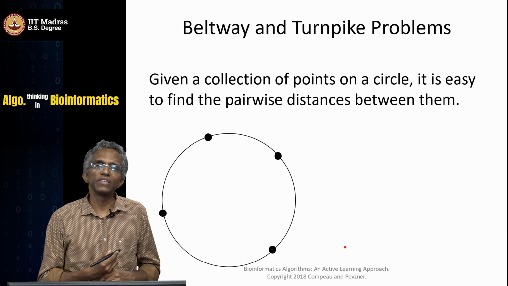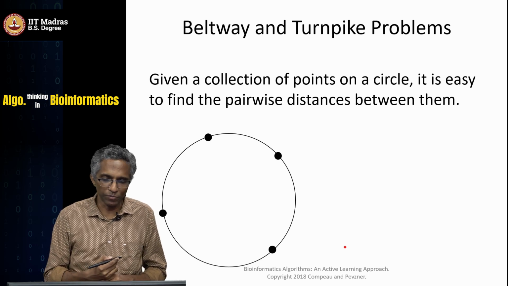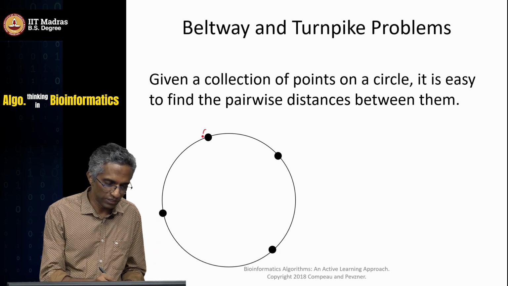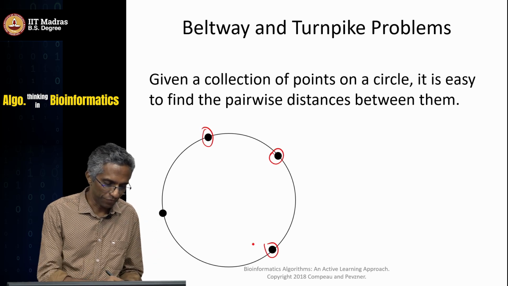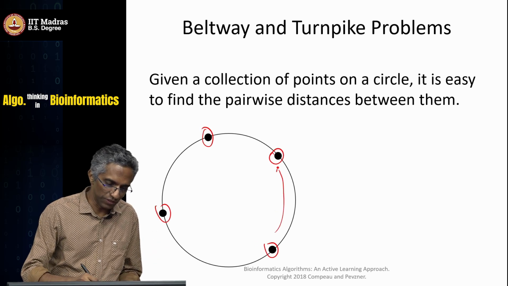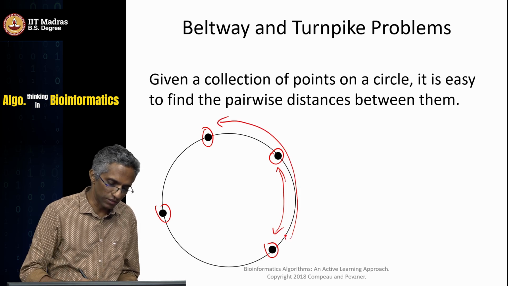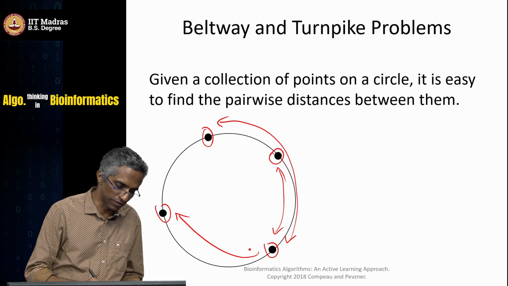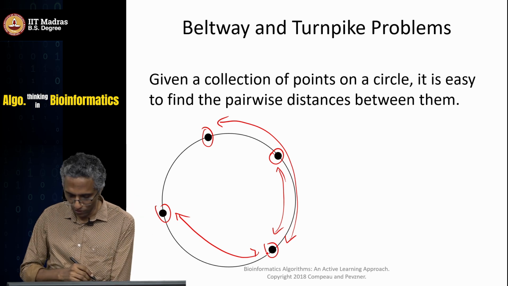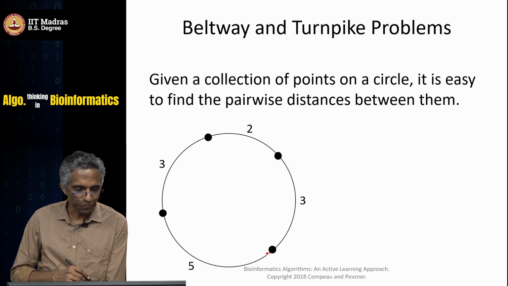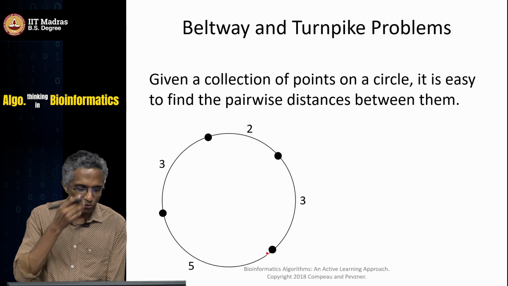Okay. So, this is very similar to the cyclopeptide sequencing problem. You have 4 points here on the circle, and then you look at all pairs of distances along the circle. Okay. This is one distance along the circle, this is another distance, this is another distance, and so on. You look at all these pairwise distances. Here the neighboring distances are 2, 3, 5 and 3.